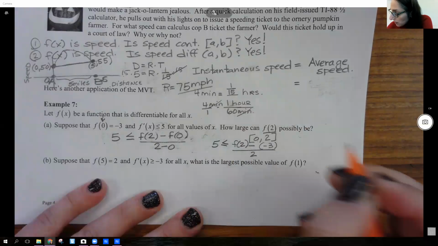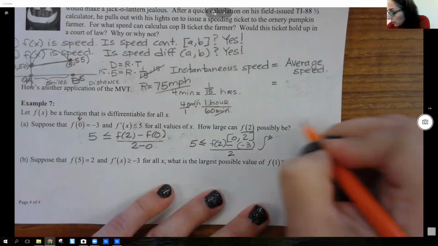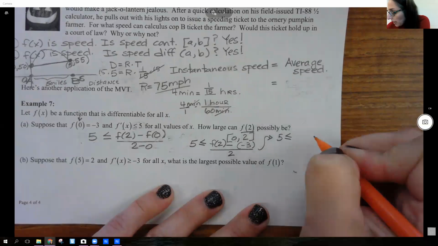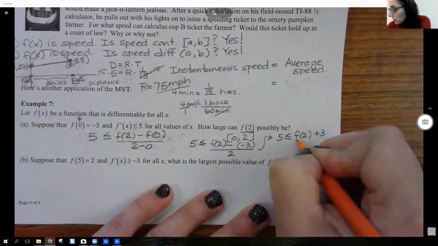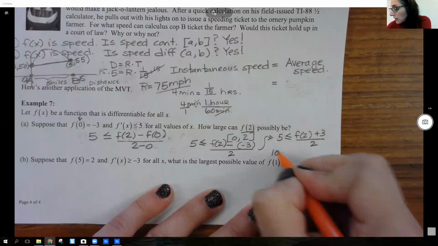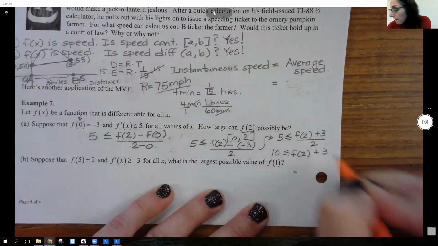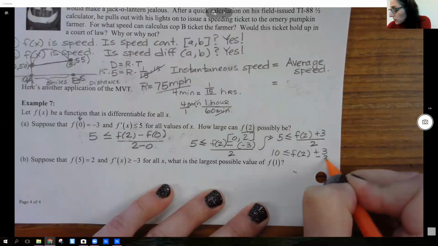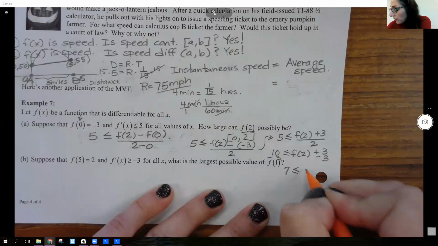So this would become 5 is less than or equal to f of 2 plus 3 all over 2. Multiply both sides by 2. So 10 is less than or equal to f of 2 plus 3. Subtract 3 from both sides. 7 is less than or equal to f of 2.